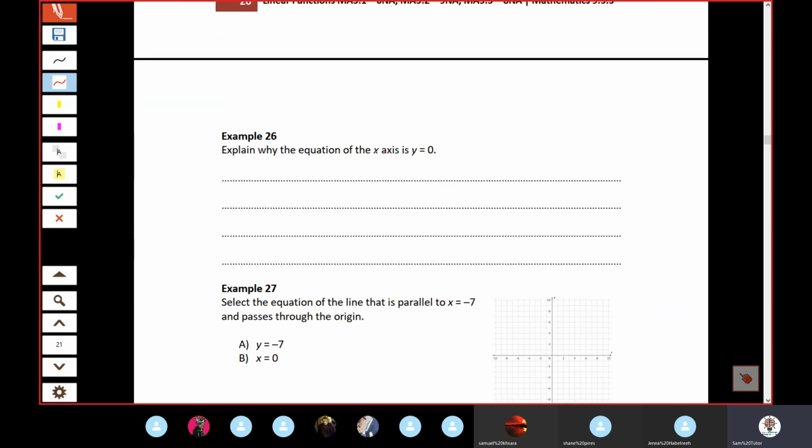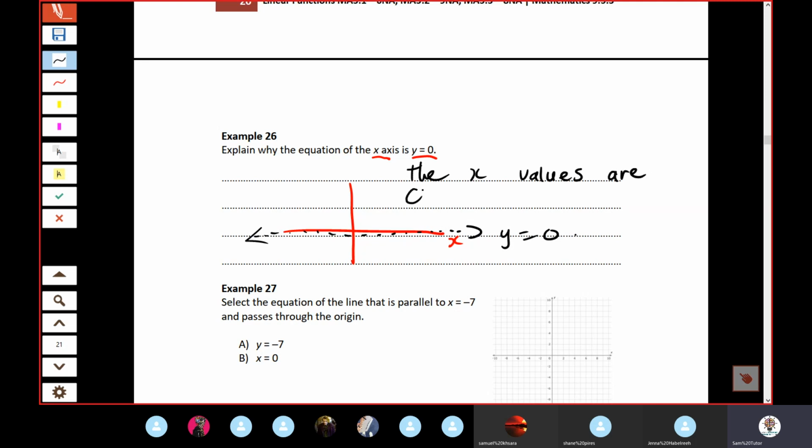Explain why the equation of the x-axis is y equals 0. The x-axis is obviously right here. This is the x-axis. And if I draw y equals 0 on it right there, you can tell that the x values are changing, right?